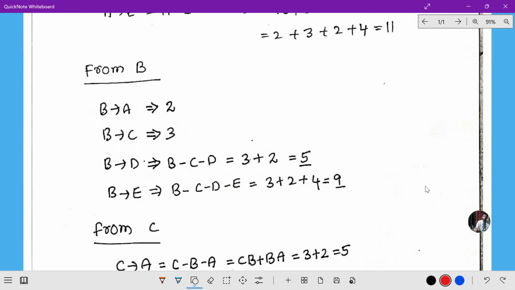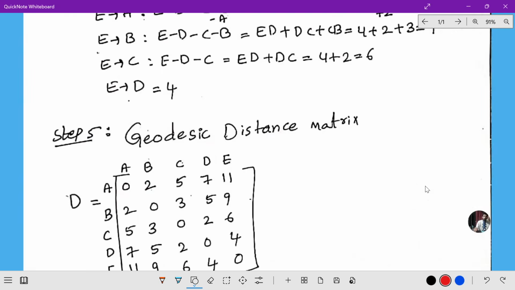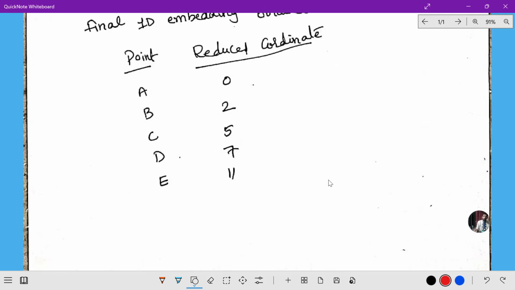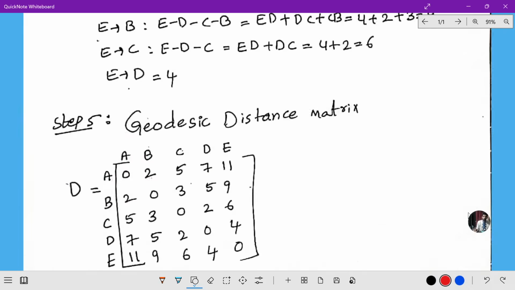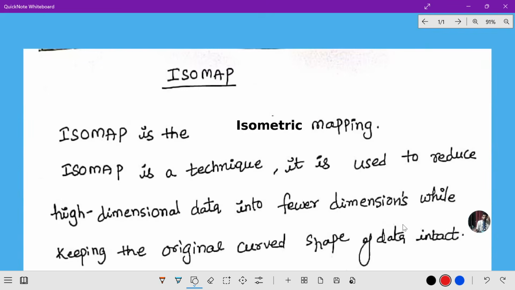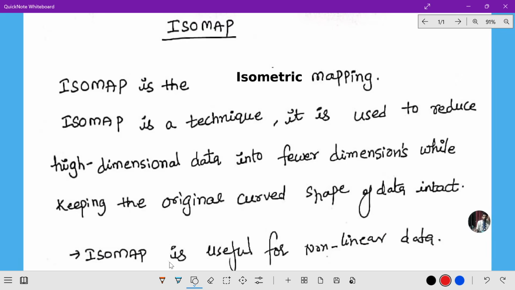The final answer is what we received right now. You can observe on the screen, this is the final reduced coordinates. Okay, so this is about the concept called Isomap, which is nothing but isometric mapping. So very simple.